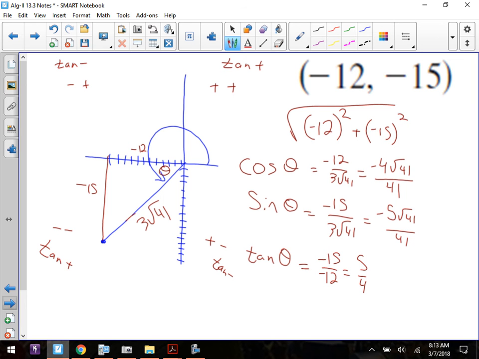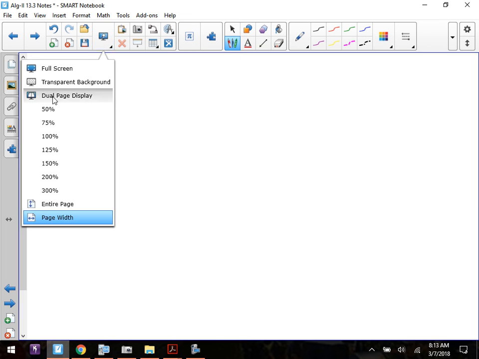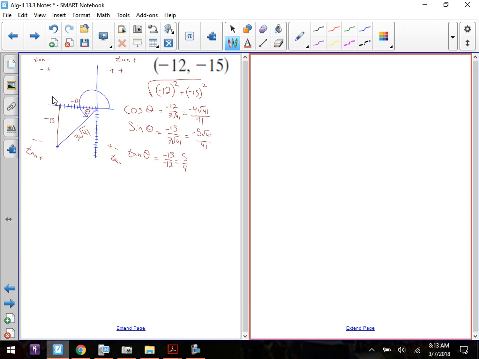My inverse trig functions, because these dual things here is a little easier so you can see. My inverse trig functions, sometimes it's easier to go off of your non-simplified to get your inverse. For example, if we wrote down originally cosine of theta was negative 12 over 3 root 41, that means the secant would just be the flip of that. Are you okay with that? So if I flip that, I don't have to worry about rationalizing anything.